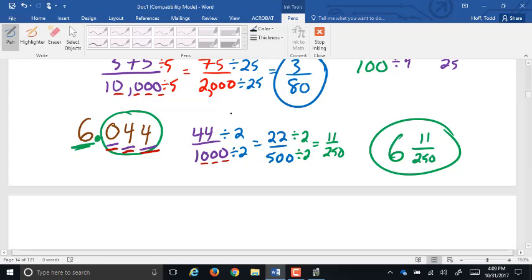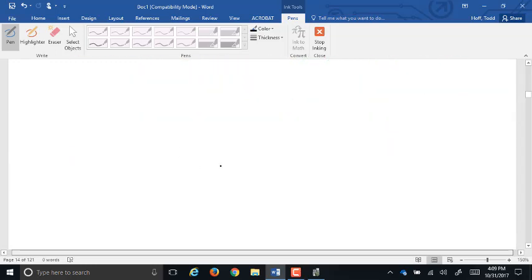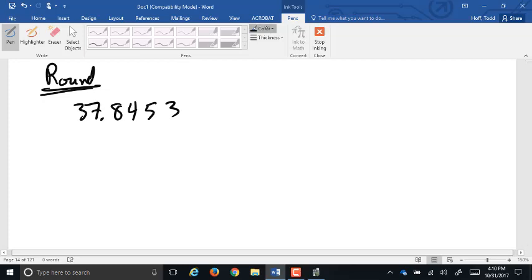Okay, now, if I want to round these decimals, and we're only going to do a couple very quick examples of this, we have to understand the place values. So if I have 37.8453, if I want to round it to the nearest thousandth, what digit is in the thousandths place?